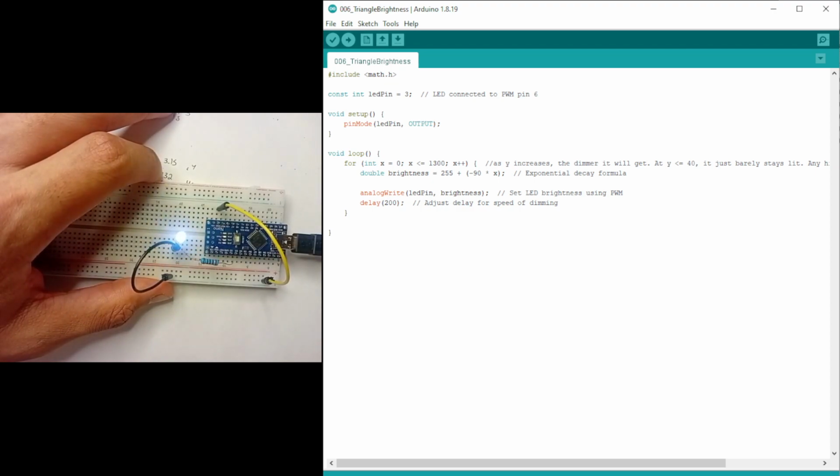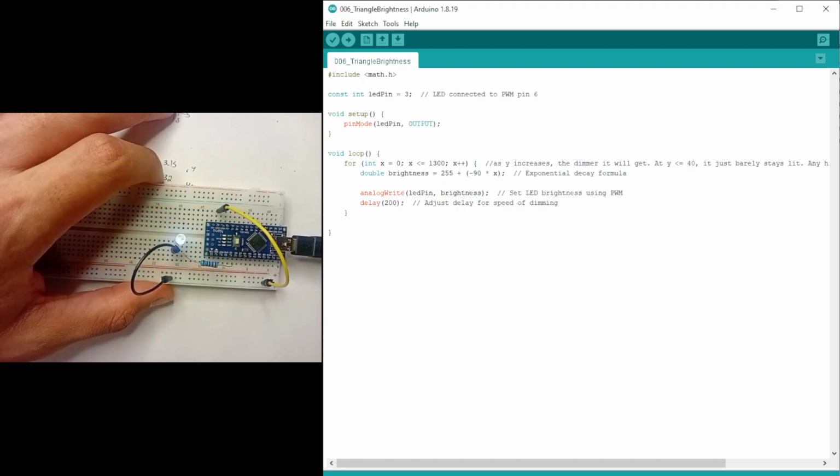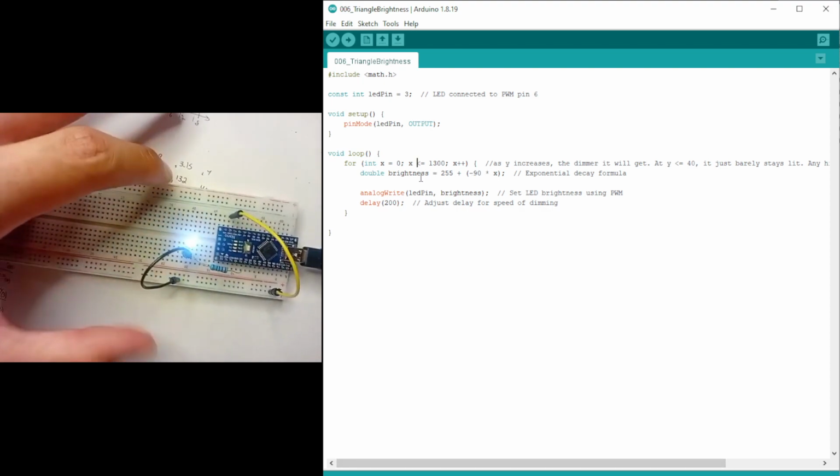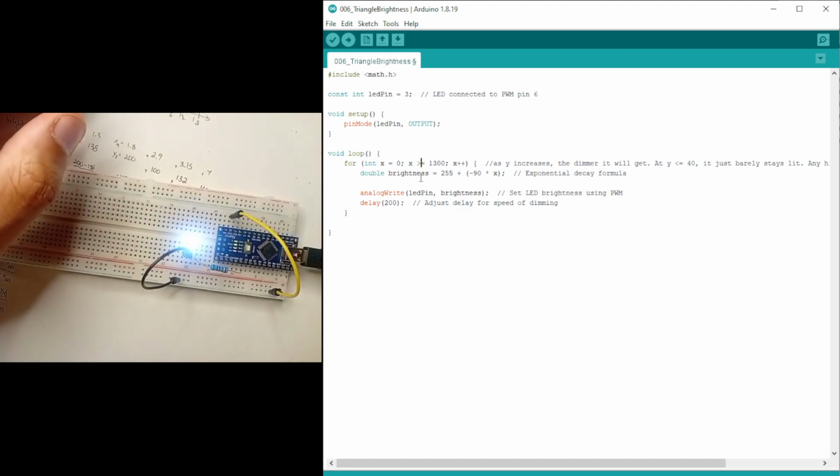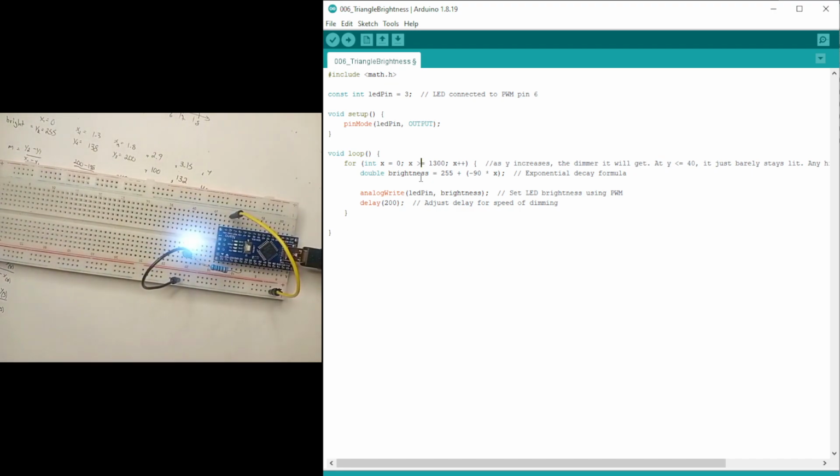Shouldn't it be less than or equal to 1300? What happens if I put greater than? No, it's got to be less than or equal to 1300. It's not going to be equal to 1300.